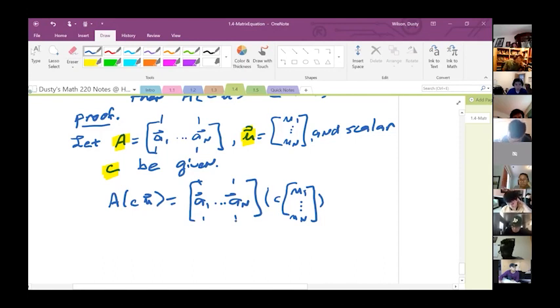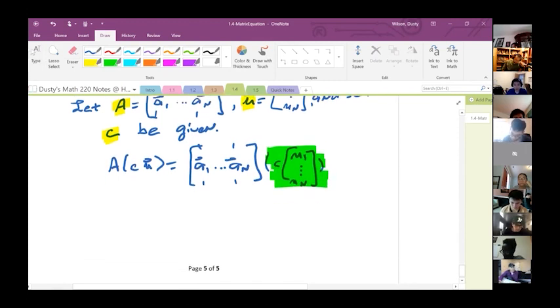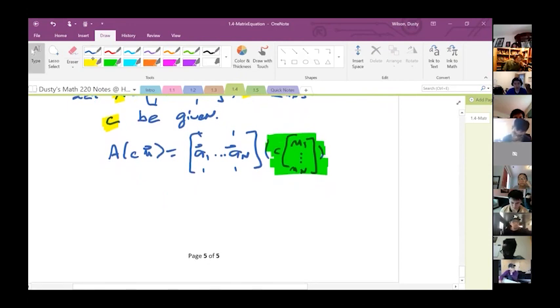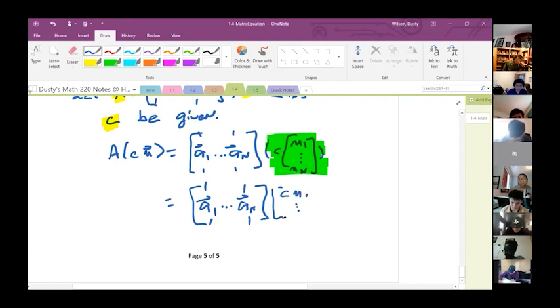So here on the left side, we can just use our properties of vectors, and we can bring the c into that vector. So this will be equal to all those A's again, times the vector cu1 all the way down to cun.